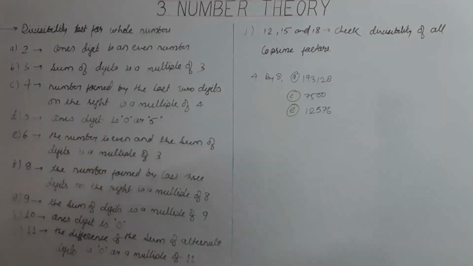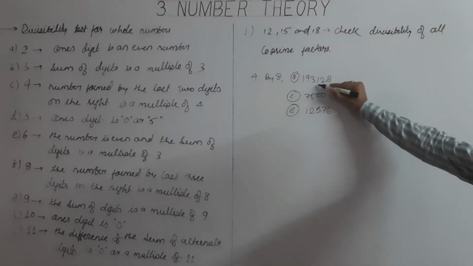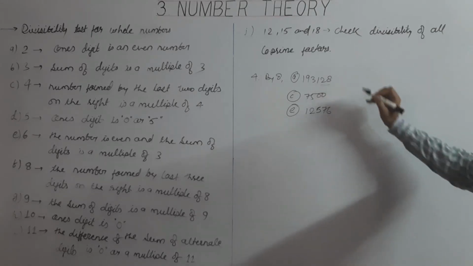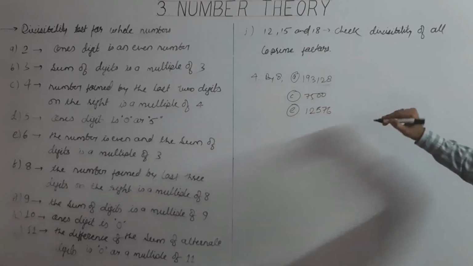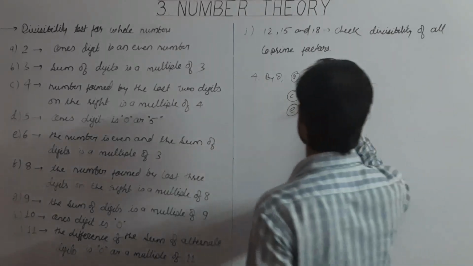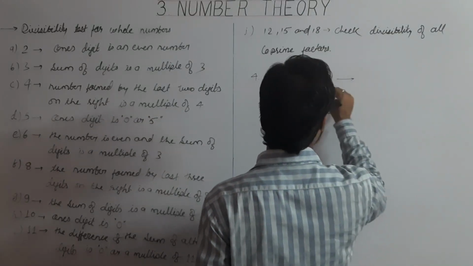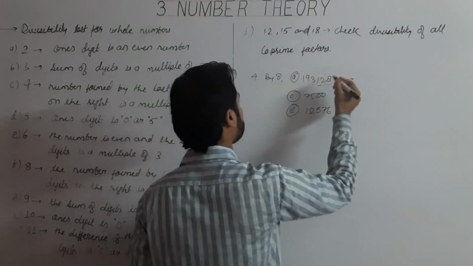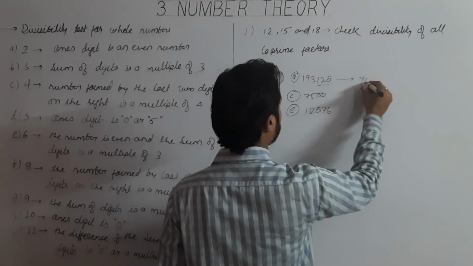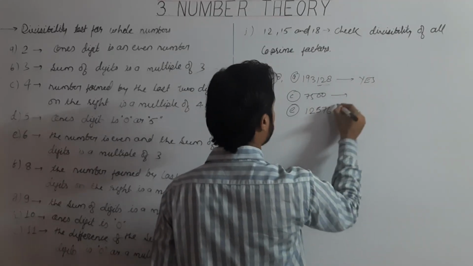Now for 8, the number formed by the last three digits on the right is a multiple of 8. So we have to check the last three digits. 128. 128 by 8 is 16. So this number 128 is divisible by 8. So this number is also divisible by 8.